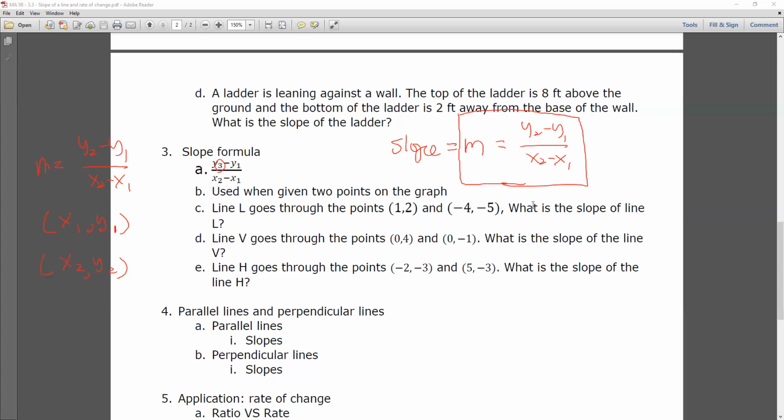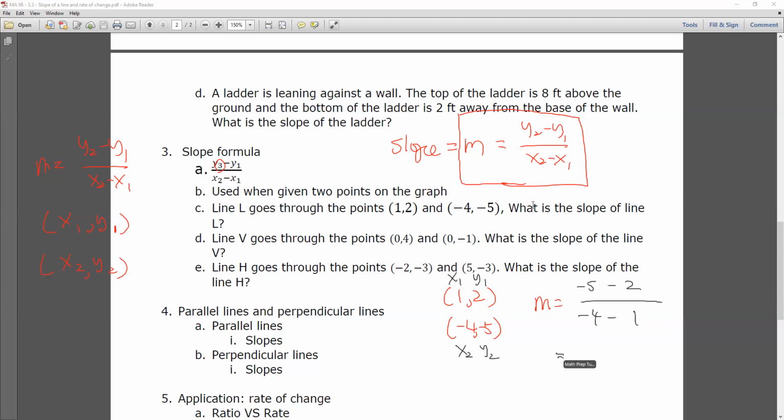Okay, so let's look at part C. Part C, we're using the points 1, 2, and -4, -5. So all I'm going to do is just plug the numbers in. Now, it does not matter which one you call x1, y1, x2, y2, but if it helps you, feel free to label it. So with those labels, let's plug the numbers in. y2 minus y1 means -5 minus 2, over x2, which is -4, minus x1, which is 1.